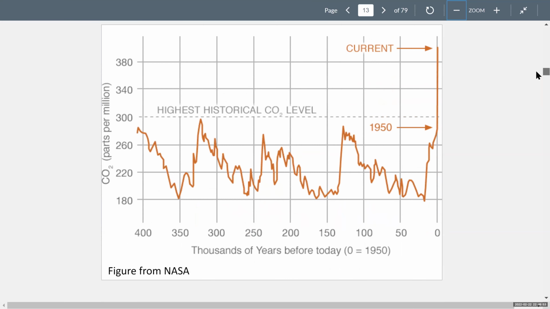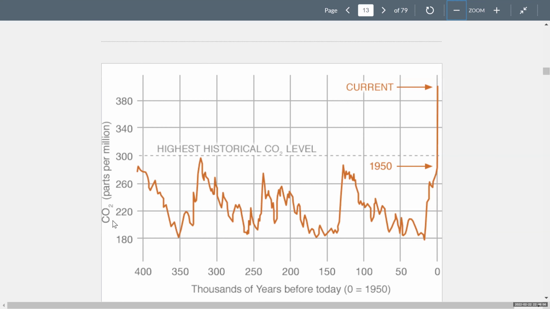Here's another graph. This one's from NASA, showing carbon dioxide concentration, again in parts per million, but going back 400,000 years. So we see that our carbon dioxide concentration in about 1950 is where that falls relative to historic or paleoclimate, and that if we look at the large differences in carbon dioxide concentration, it's been much lower, but through this period of time, it hasn't ever been higher than it is now.